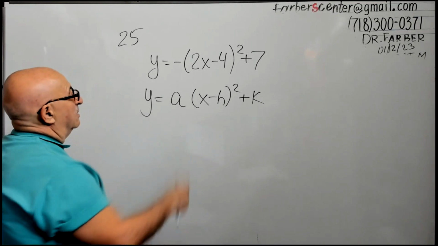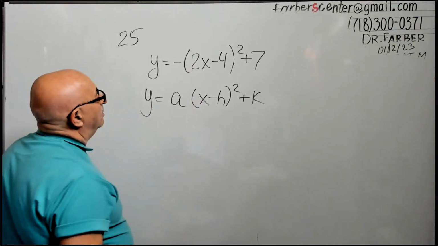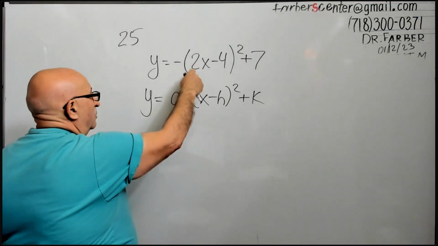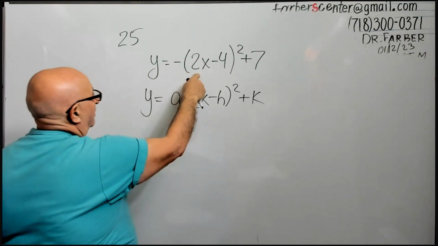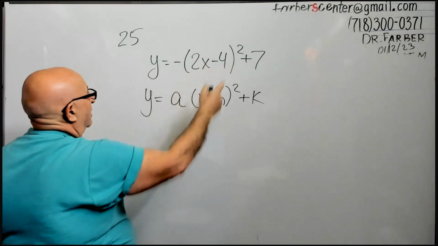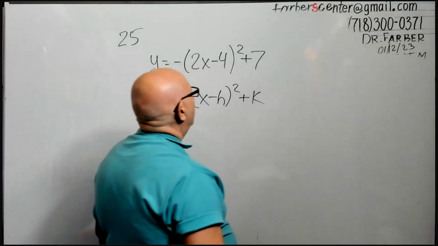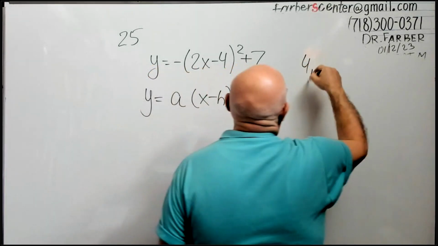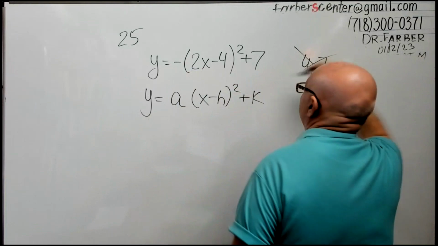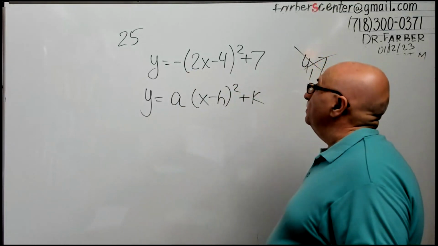Look at this. This is not vertex form at all because they put 2 here, not there. So the answer is not 4 and 7, because it's not vertex form at all.